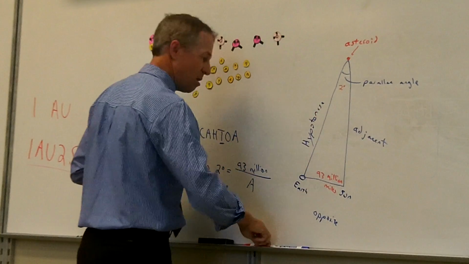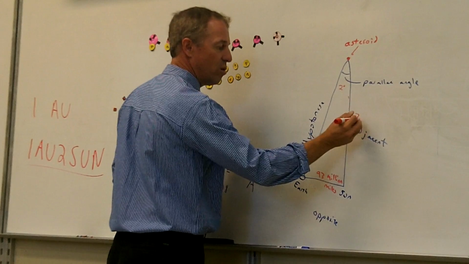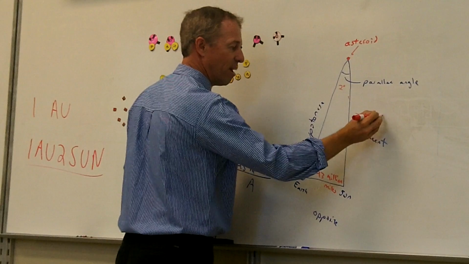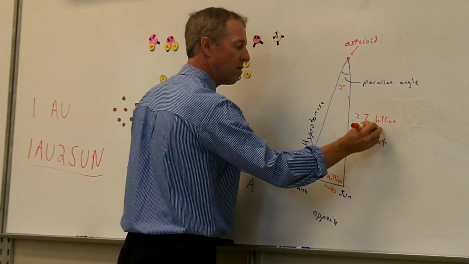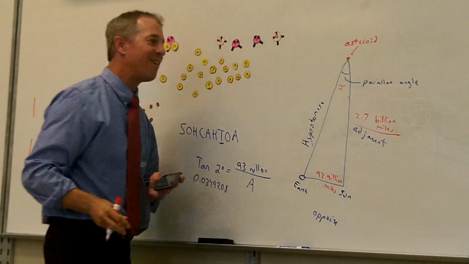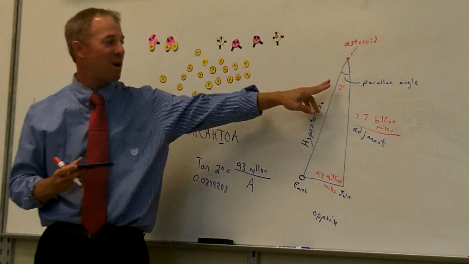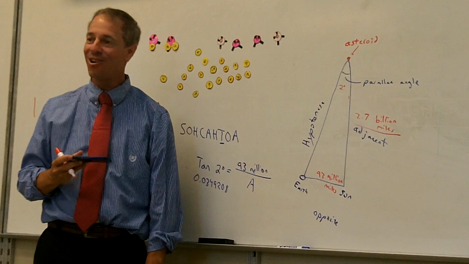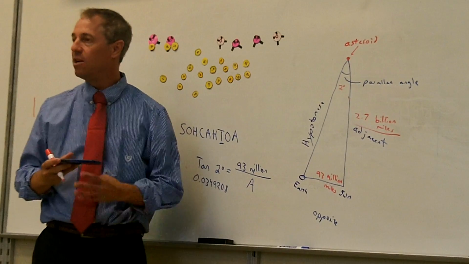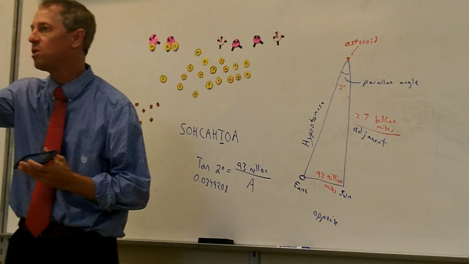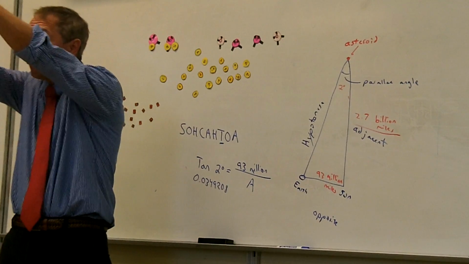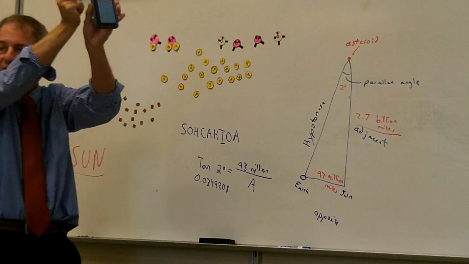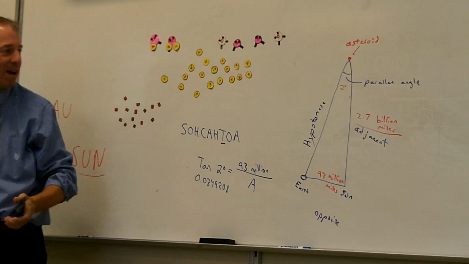So this is this distance right here: 2.7 billion miles. There we go. We got the distance to the asteroid just by knowing this parallax angle. How cool is that? You just find how much it shifts and figure out the angle for that amount of shift. That'll be your parallax angle.